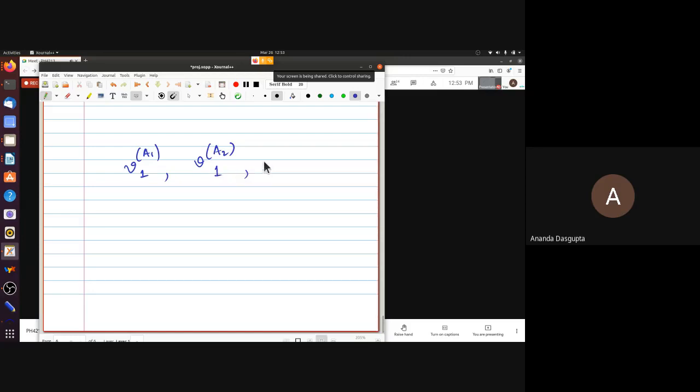Same here. But then you will have VE1, 1. So these two span your first subspace, and VE2, 1, VE2, 2, these two span your other subspace. These were what we were earlier calling V prime E1 and V prime E2. Okay, clear?